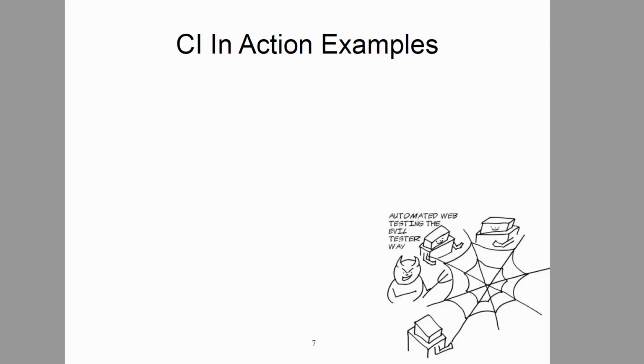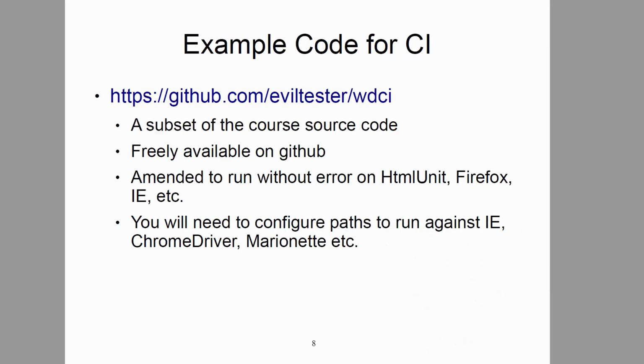Now I have created a special code base, which is a cut down version of the code that we use in this entire course, specifically for the purposes of putting it into continuous integration. You can find the code on GitHub at github.com/EvilTester/wdci. That's WebDriver Continuous Integration.